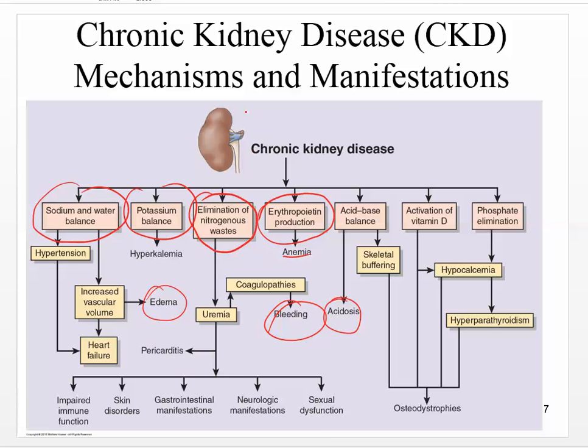Problems, not all of which we understand exactly how that happens. Pericarditis, we know that with chronic kidney disease you have an increase in pericarditis. We're not exactly sure why, but it has to do with the buildup of nitrogenous waste. Same thing with skin disorders, gastrointestinal manifestations, neurological manifestations. We've got a little better handle on that.